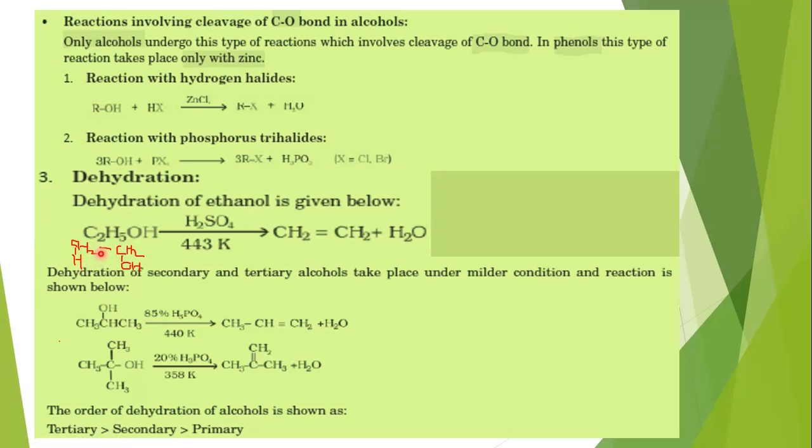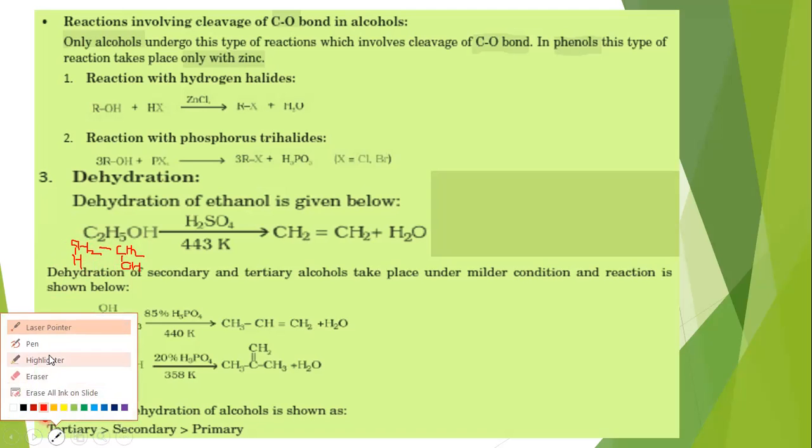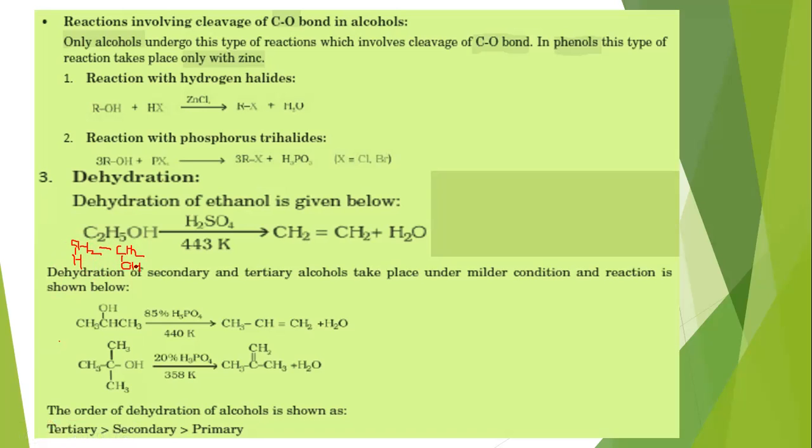This hydrogen goes here, and this water molecule gets removed, and a carbon-carbon double bond forms. CH2=CH2 plus H2O, removal of water molecule. In this way the reaction takes place.